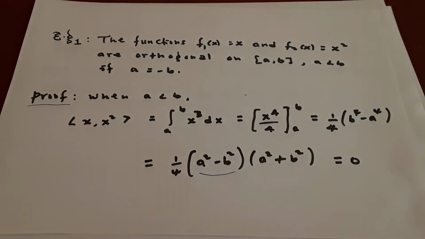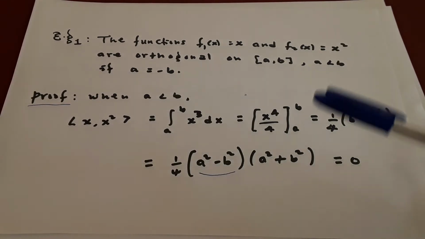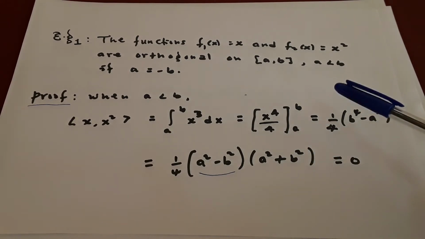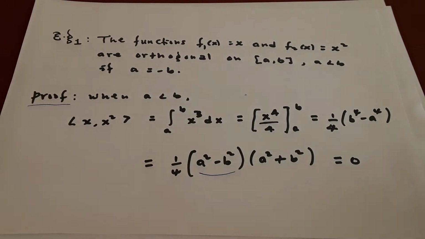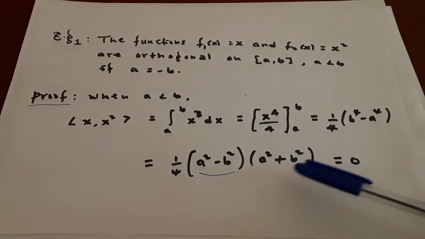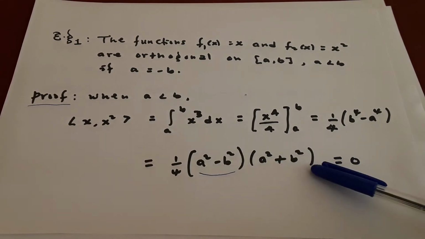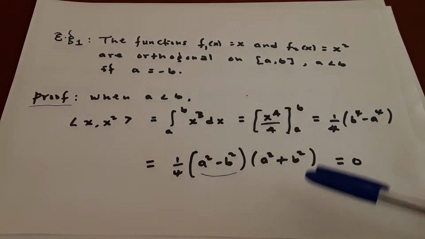Clearly, if a and b are not equal, because a is less than b, then a squared plus b squared cannot be 0. That's obvious. Had it been a is 0, b could not be 0 because b is greater than a.